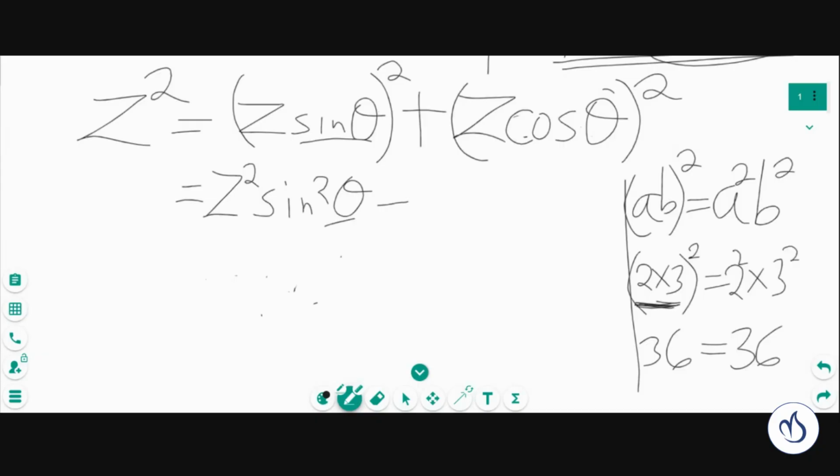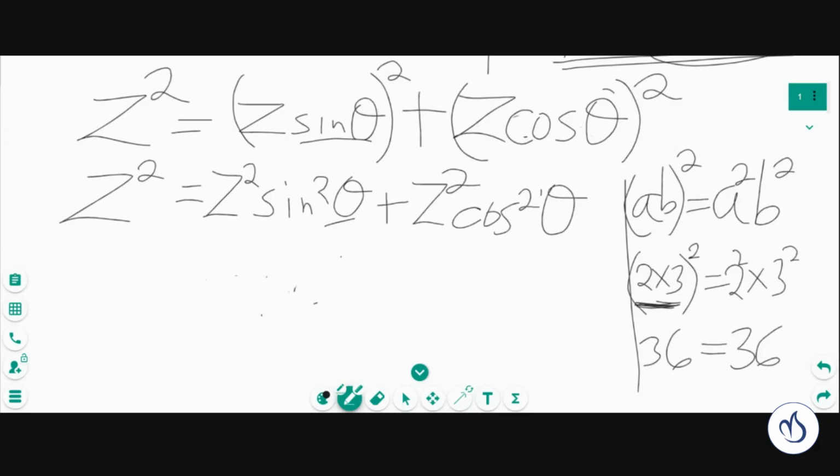So I have that plus, even here the z will be squared, the cos squared theta. Yeah, and these are equal to z squared.